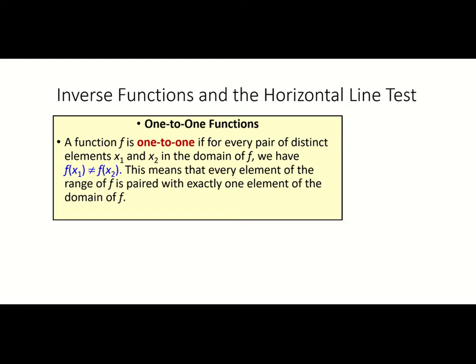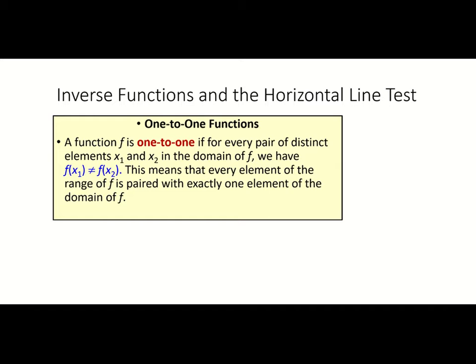One-to-one functions means that every pair of distinct elements in the domain is paired with exactly one. So basically one element of the domain is paired with one element from the range, and they're all different. So before we may have had two different domains like 1 and 2, and they both go to the same range of 3.